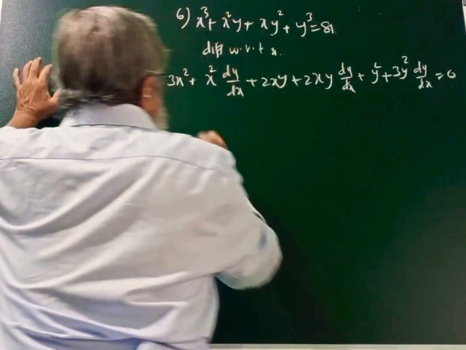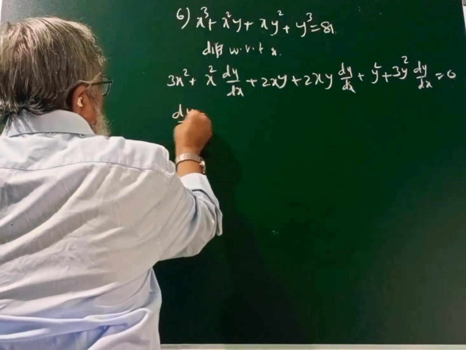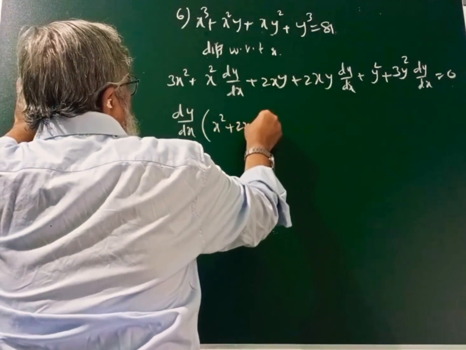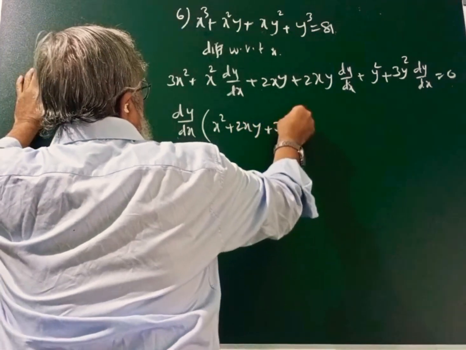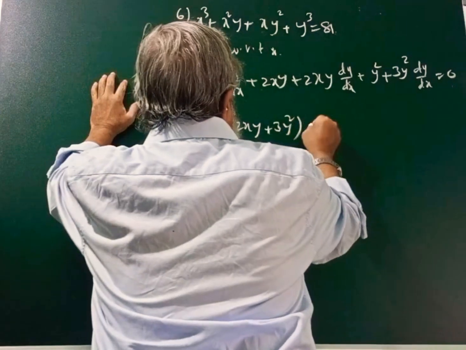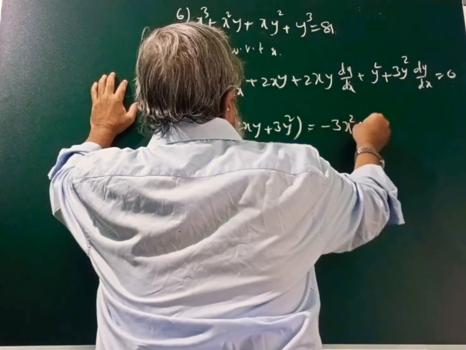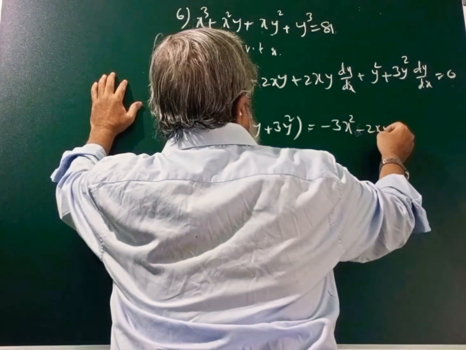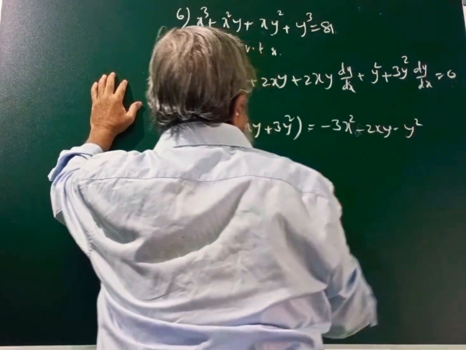Now, let us take dy by dx common, that is x square plus 2xy plus 3y square, and the remaining terms let us take to that side: 3x square minus 2xy minus y square.